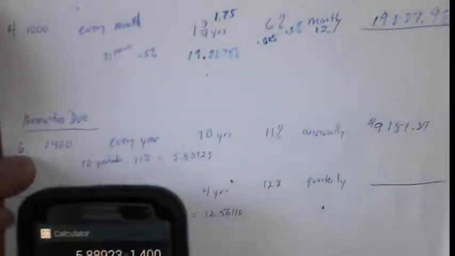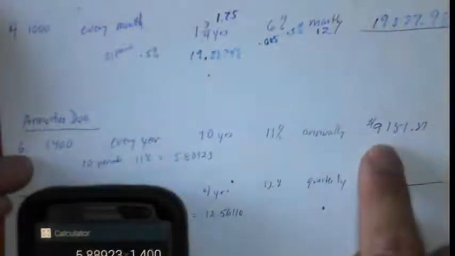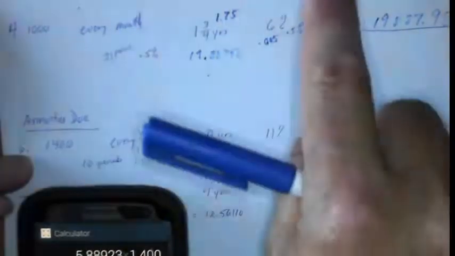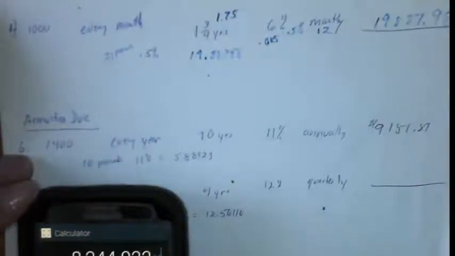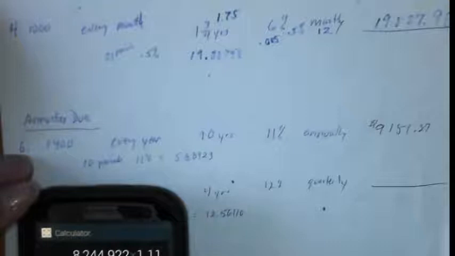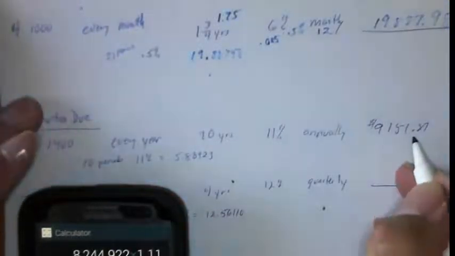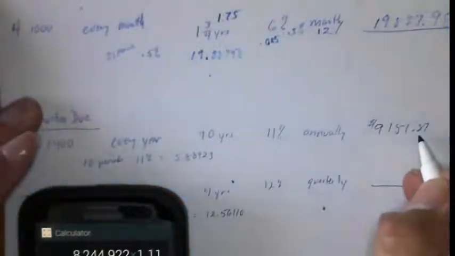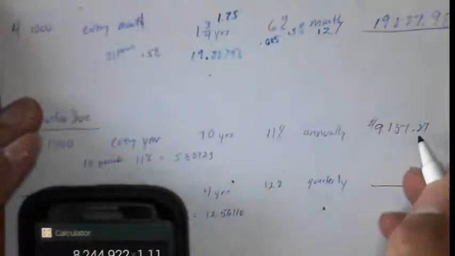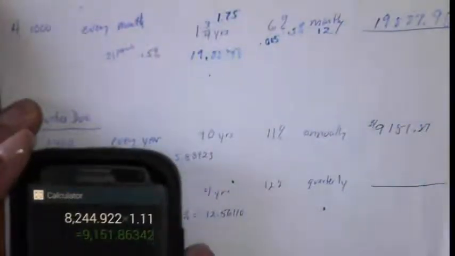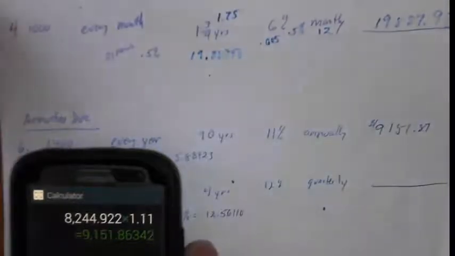Now, since this is an annuity due, we have to do that additional step, so we multiply that by 1 plus the interest rate. Then we have our number. So remember, on annuities due, make sure we multiply that last step.